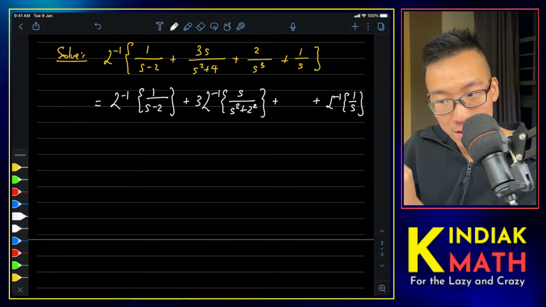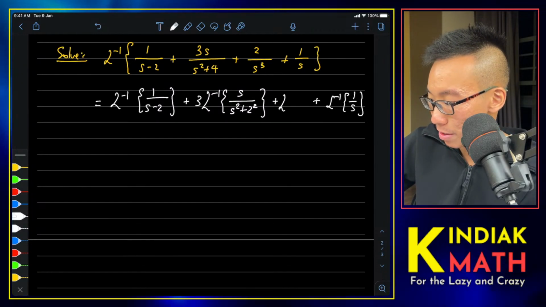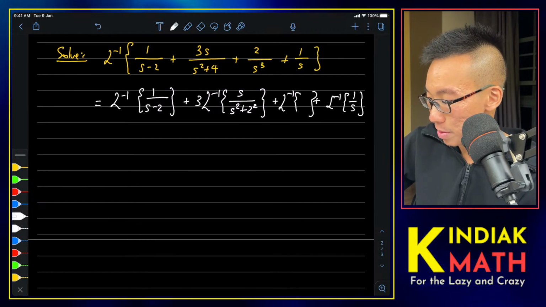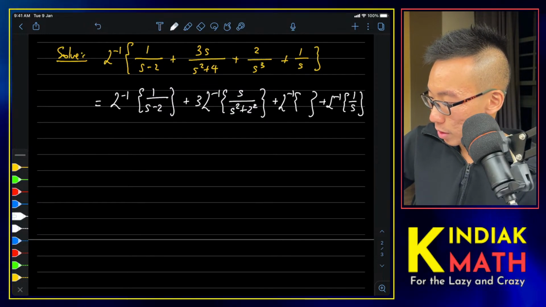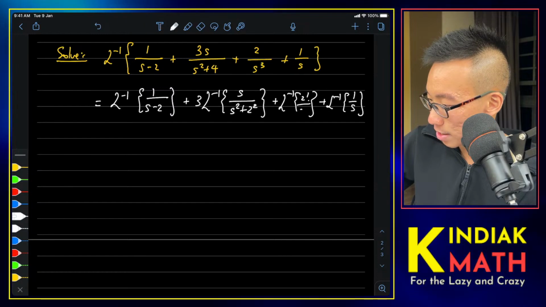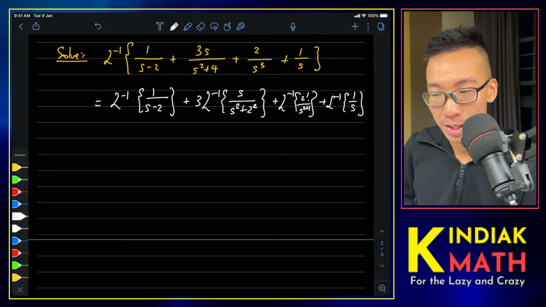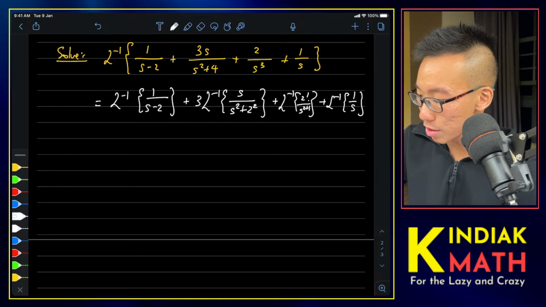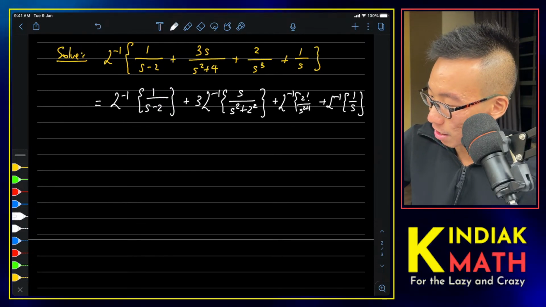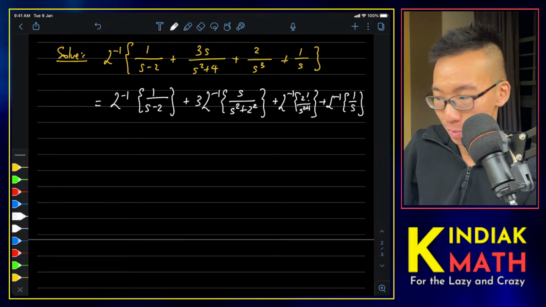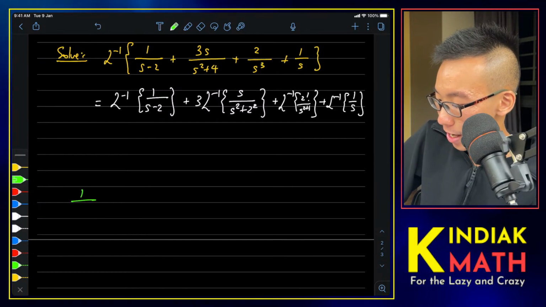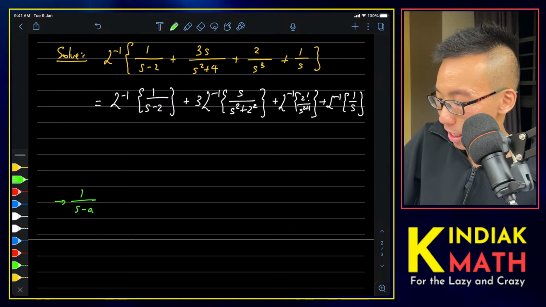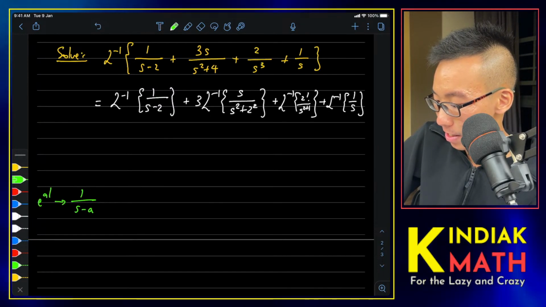In fact, for this term over here, I'm going to purposely write it as 2 factorial over s to the 2 plus 1. Because if we were to refer to a list of Laplace transforms, we're going to see that 1 over s minus a is obtained via e to the at.